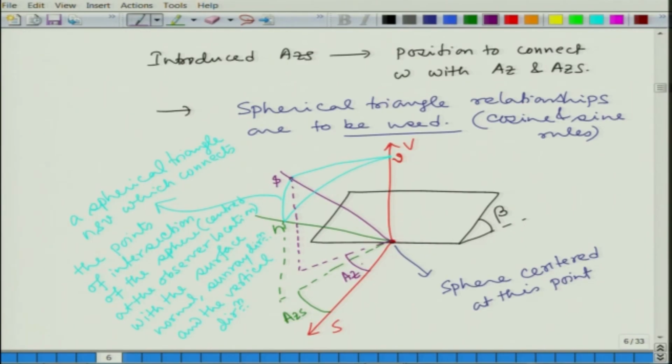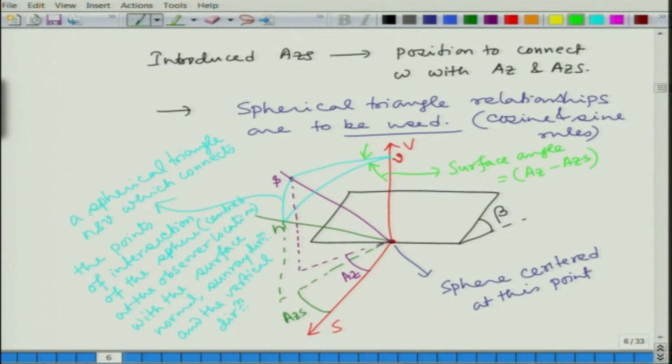And now, you have to visualize that this particular angle, which is the surface angle, is nothing but AZ minus AZS.